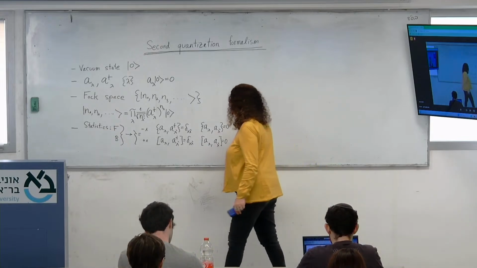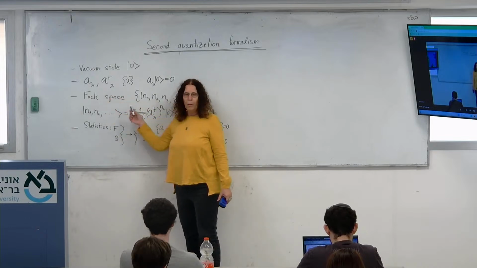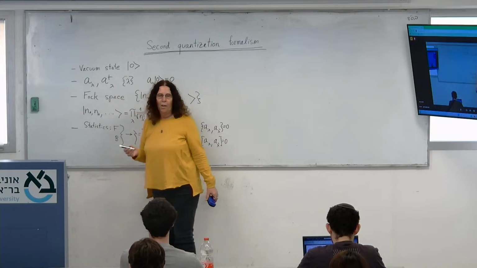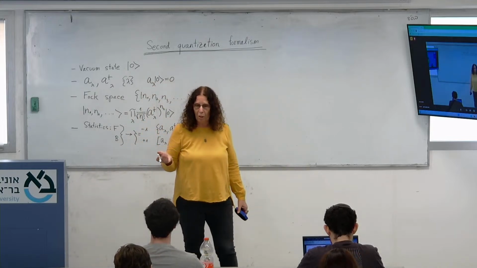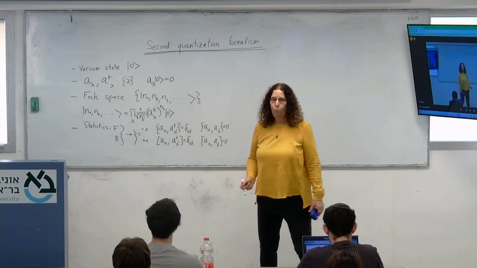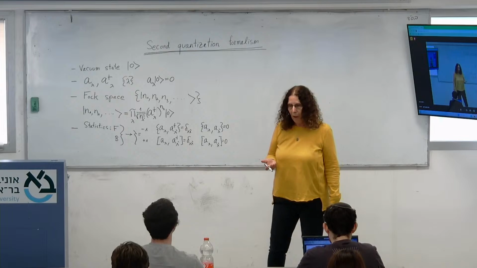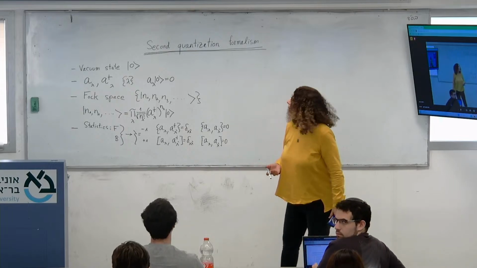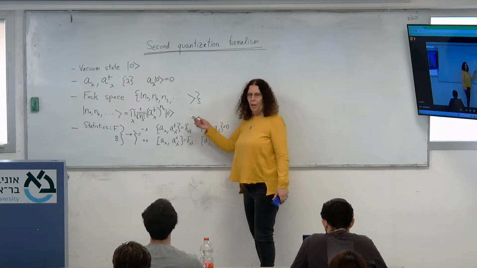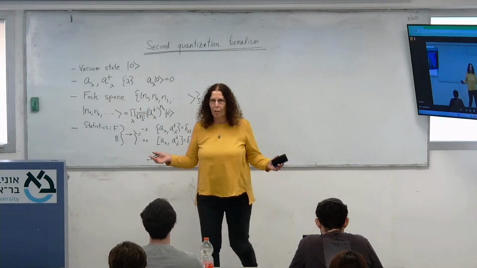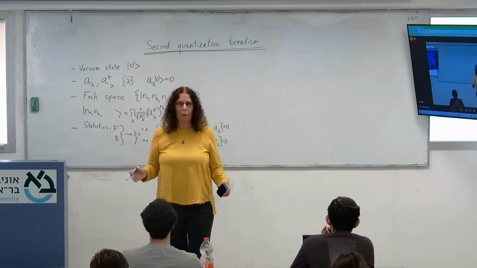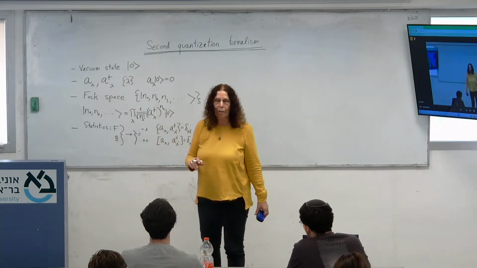Now, we know how to write any arbitrary wave function in this Fock space. It is simply going to be a superposition of many such basis states. And if we also know how to write operators, any operator acting on the many-body system in terms of A's and A daggers, then we have everything we need. Okay? So we are still missing this last part, which is how to write a general operator.